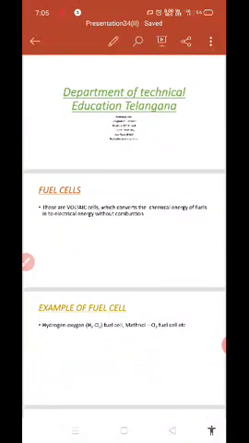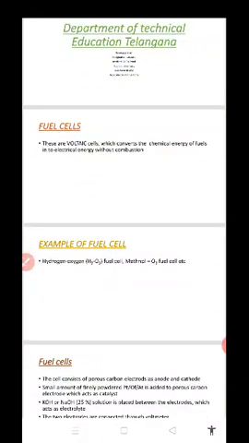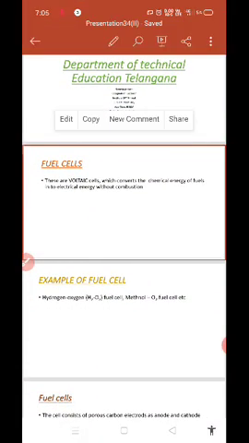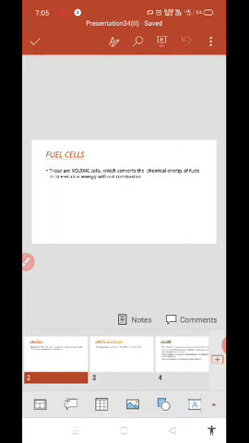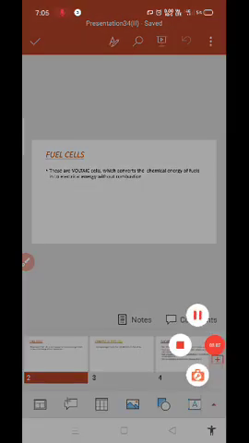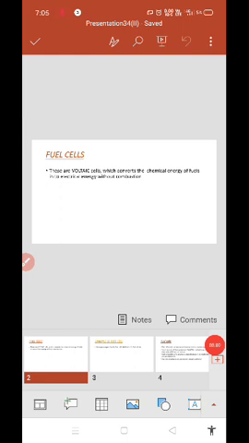Fuel cells are very important, and by the fuel cells we have eco-friendly cells. These are voltaic cells which convert the chemical energy of the fuels into electrical energy without combustion, so they are free from pollution.